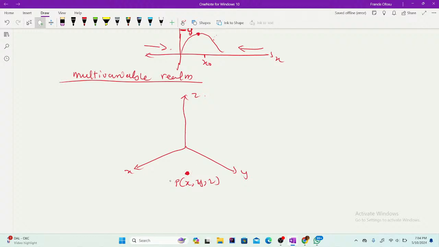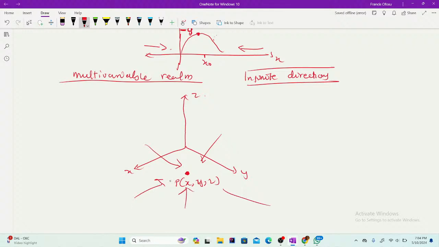I can approach this point in infinite directions. I'm not restricted to either the left side or the right side. You can approach this point from this side, from this side, or any direction. So in the multivariable realm, one nice thing is you can choose different paths to approach your point.